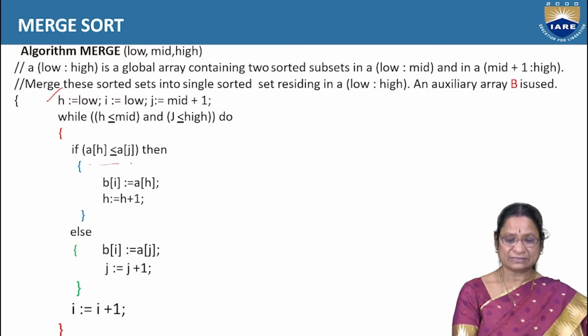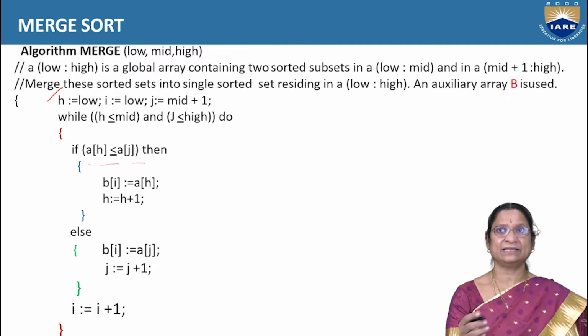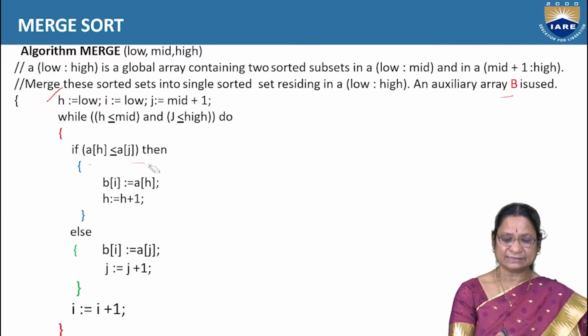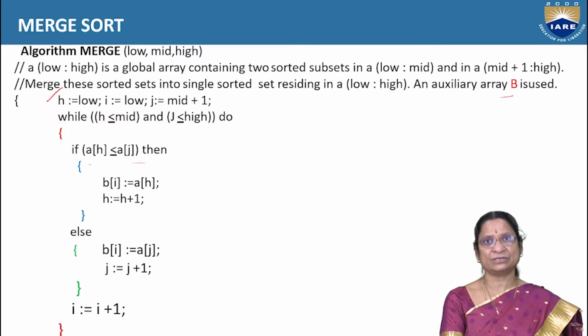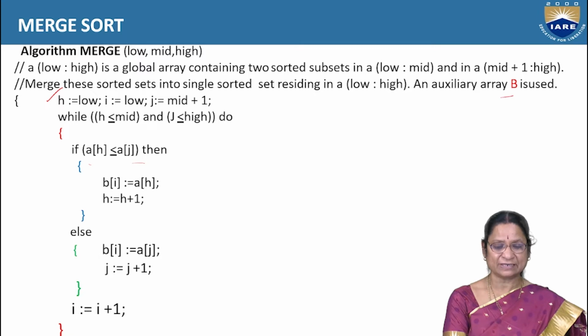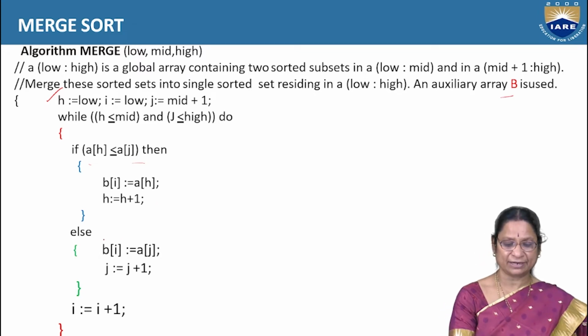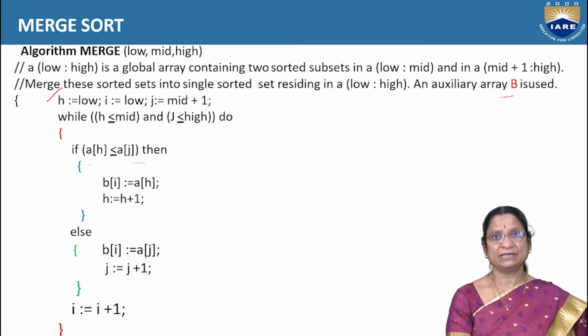Every time we compare the Hth element with the Jth element, whichever is lesser is written in the new array B and the respective index is incremented. That means if A of H is less than A of J, then A of H is written in the B array. So B of I is equal to A of H, and H is incremented because it has been written in the resultant array. Otherwise, A of J is written in B array and J is incremented.